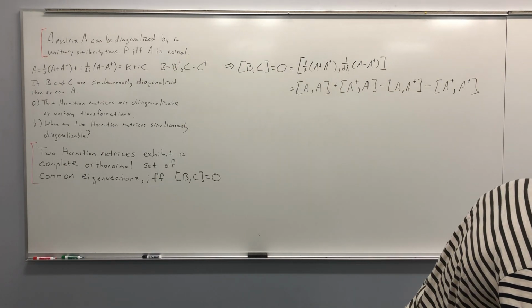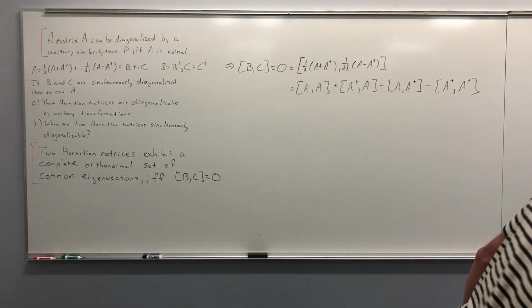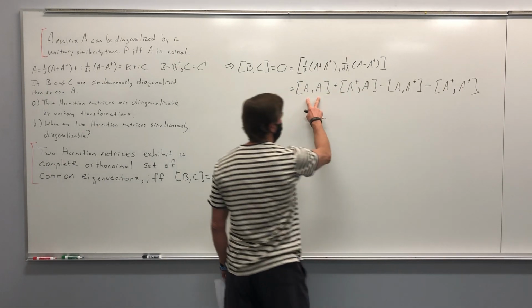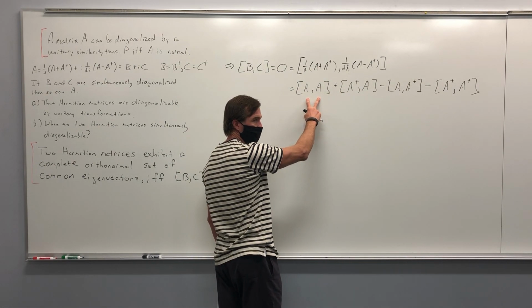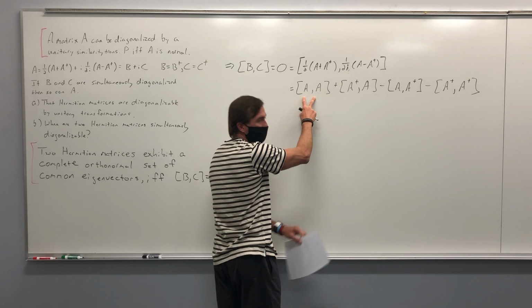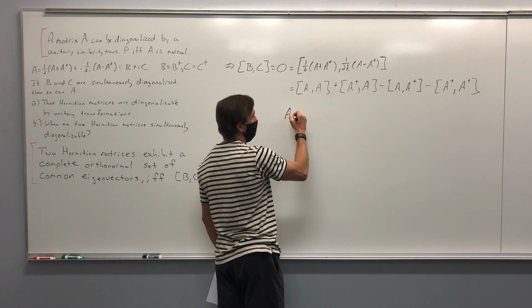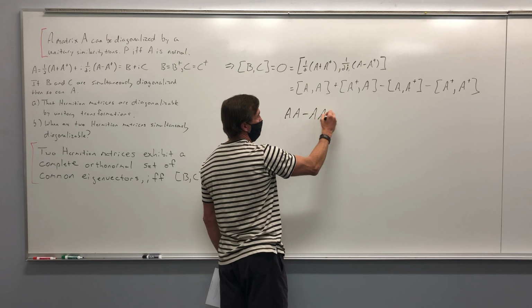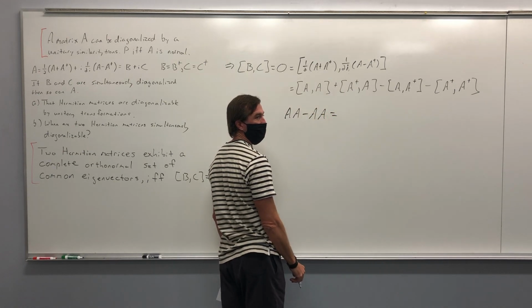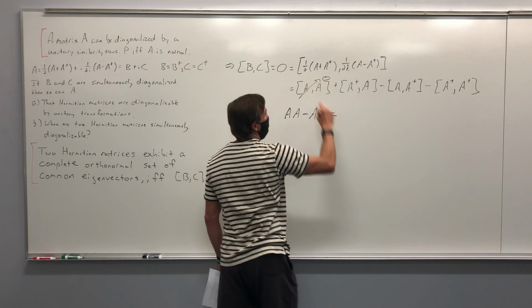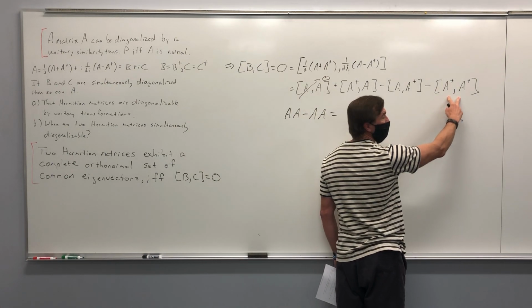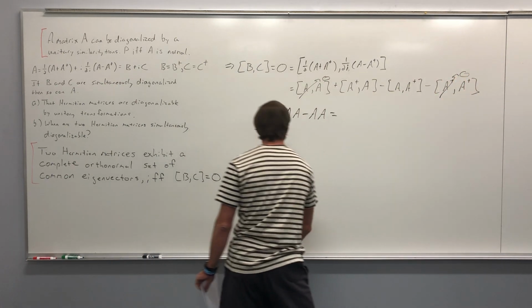And Jacob, what is this? It's the commutator of A with A. That's what it is, but what's its value? Zero, yeah. What about this? Also 0. Good.